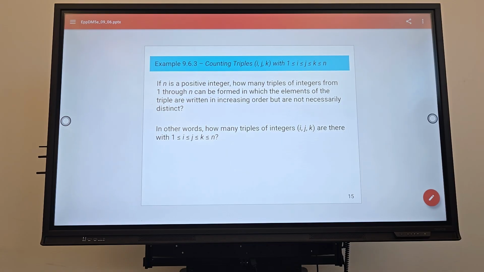Counting triples. If n is a positive integer, how many triples of integers from 1 through n can be formed in which the elements of the triple are written in increasing order but are not necessarily distinct? In other words, how many triples of integers i, j, and k are there with 1 less than or equal to i, less than or equal to j, less than or equal to k, less than or equal to n?